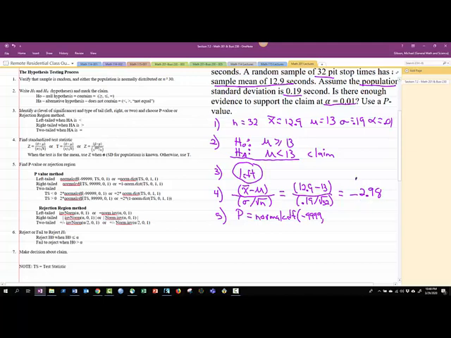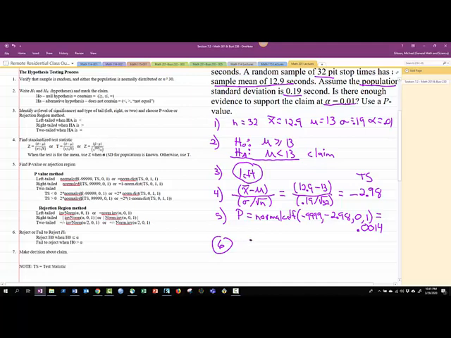Then we have this here. I abbreviate this, this is our test statistic, so you can see in the formula over there, I abbreviated TS. It's minus 2.98, comma 0, comma 1. All right. And that equals 0.0014.